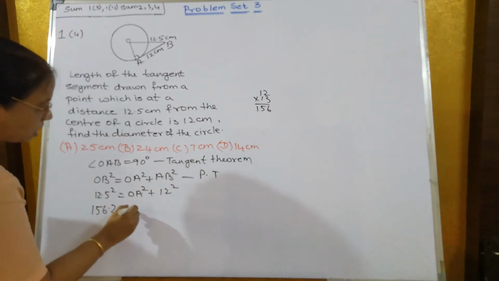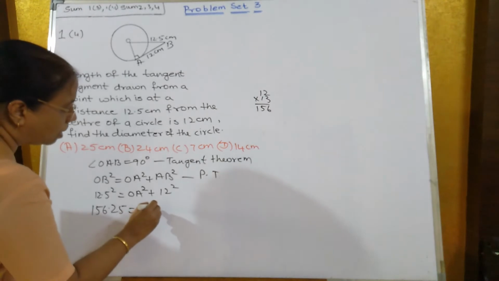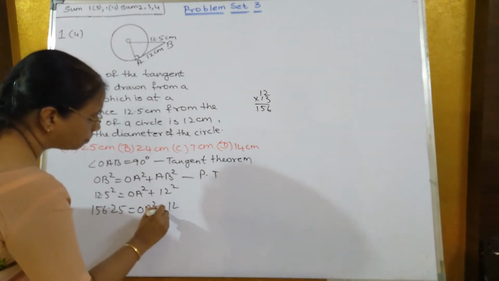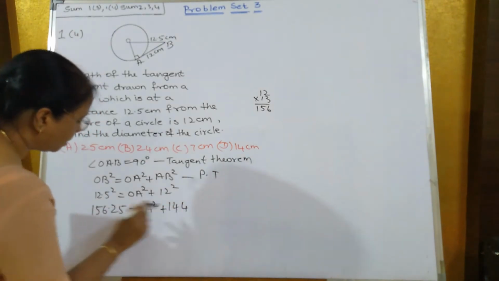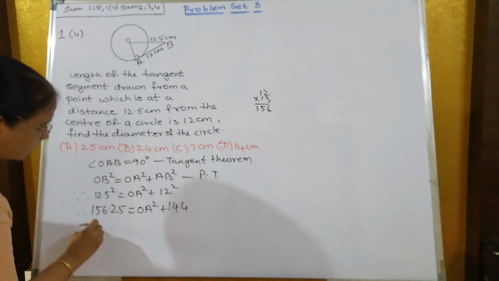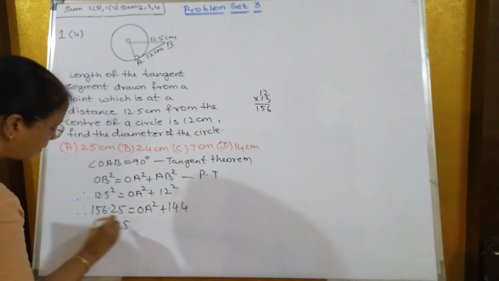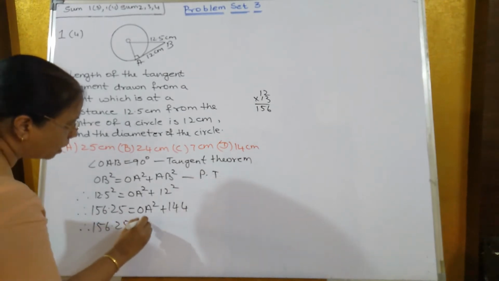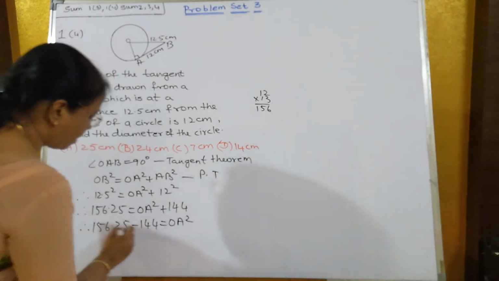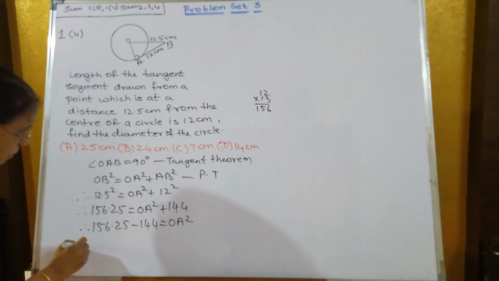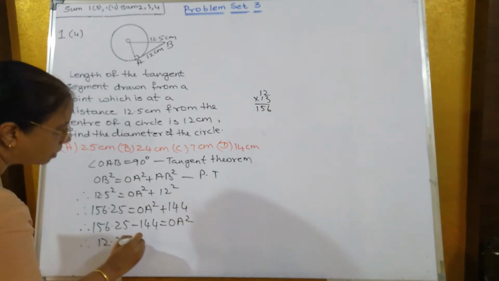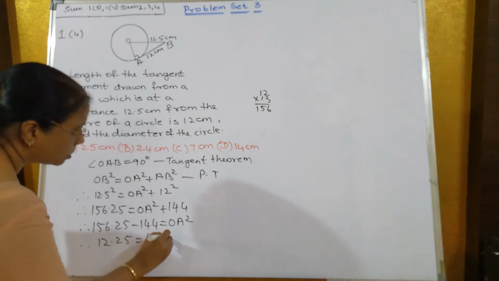Now we have to find OA square, and 12 square is 144. So bring this 144 over here. What will you get? 156.25 minus 144 is equal to OA square. When you subtract, you get 12.25. That's equal to OA square.